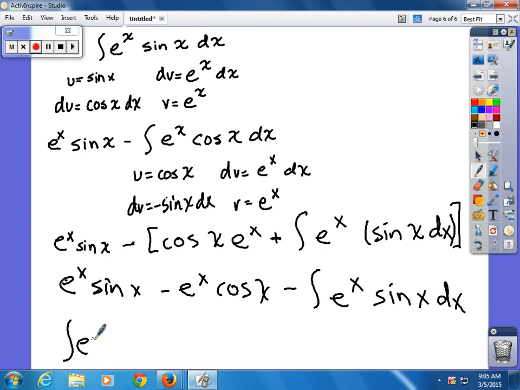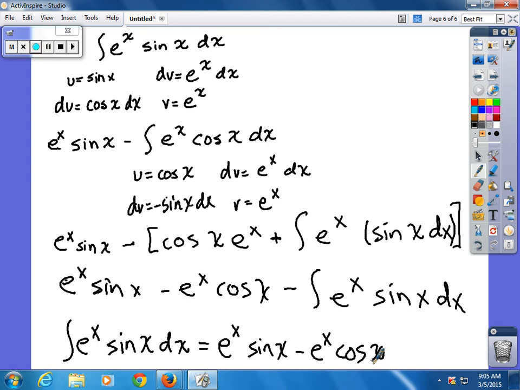The antiderivative of e to the x sine of x dx is equal to e to the x sine of x minus e to the x cosine of x minus the antiderivative of e to the x sine of x dx.